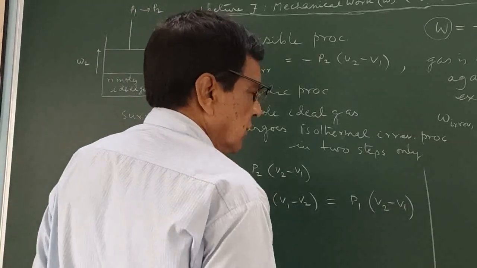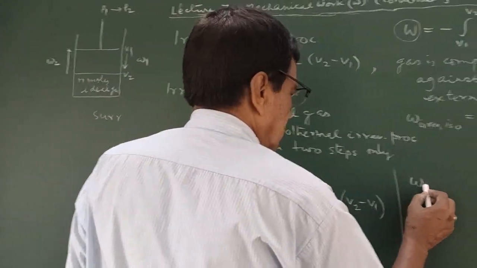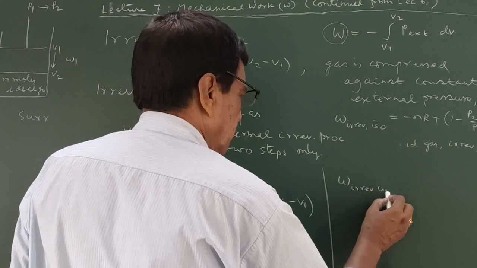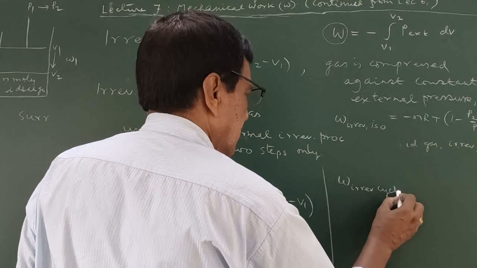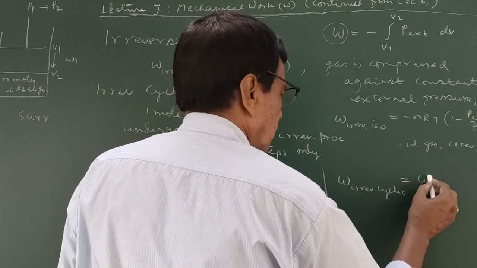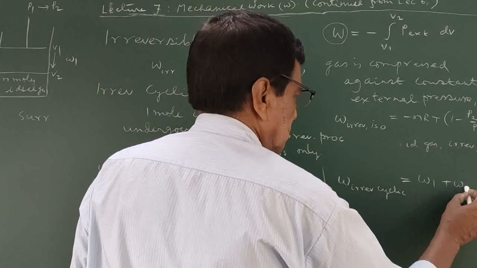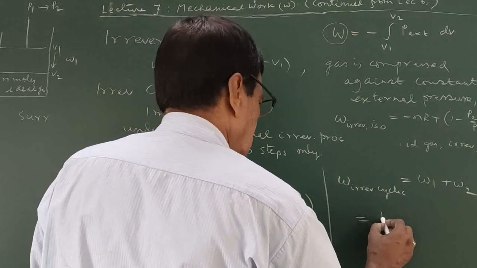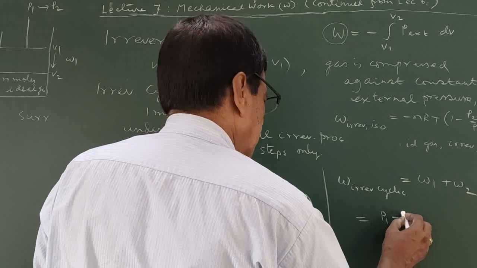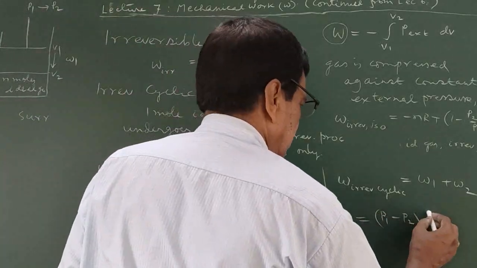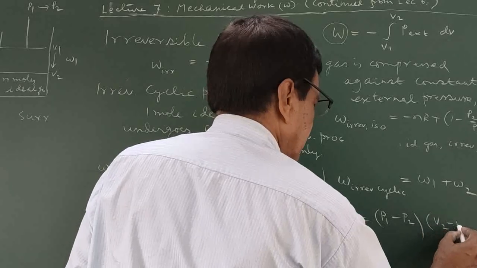So the amount of work in an irreversible cyclic process equals W1 plus W2, and this equals (P1 minus P2) into (V2 minus V1).